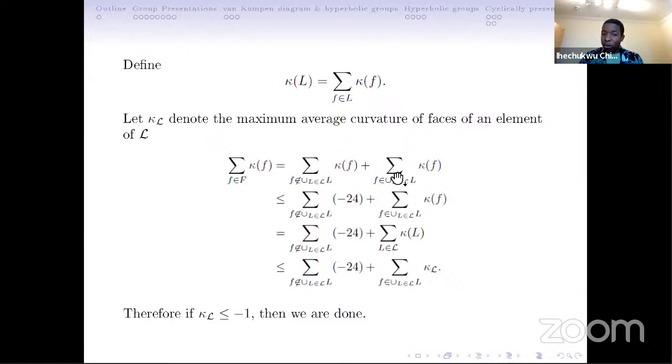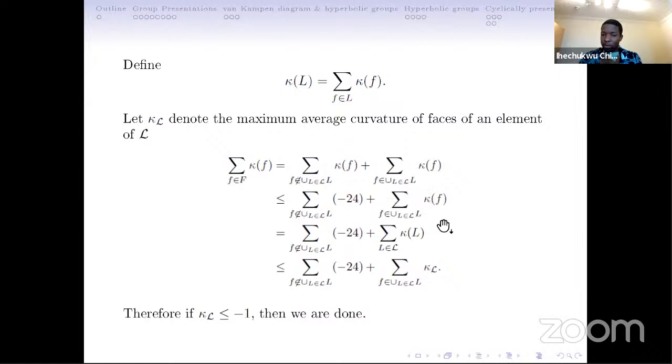If it's not, then it has to be a white face, because all the black faces are contained in some element of curly L. And we have calculated the curvature here, that is minus 24 at most.